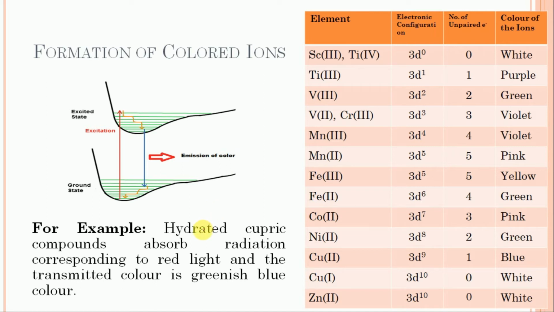For example, hydrated cupric compound absorbs radiation corresponding to red light, and its transmitted color is greenish blue.